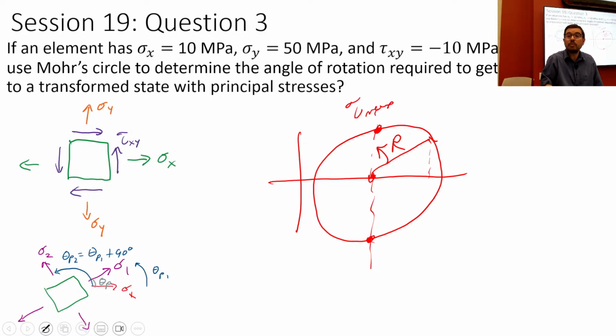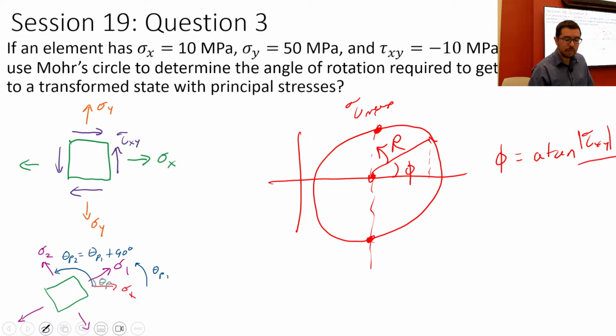It's actually negative. But to figure that out, I need to know what my original angle, my phi, is. And my phi in this case is going to be the arctangent of the tau xy that I had, or the magnitude of tau xy, probably safer to do it that way.